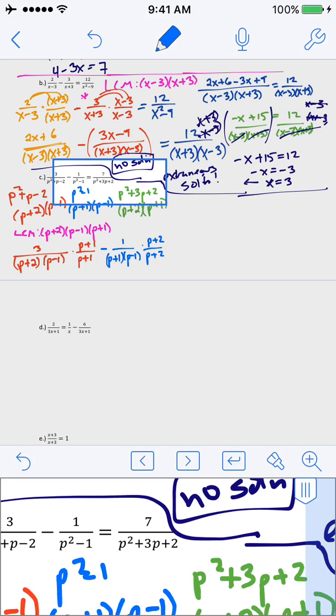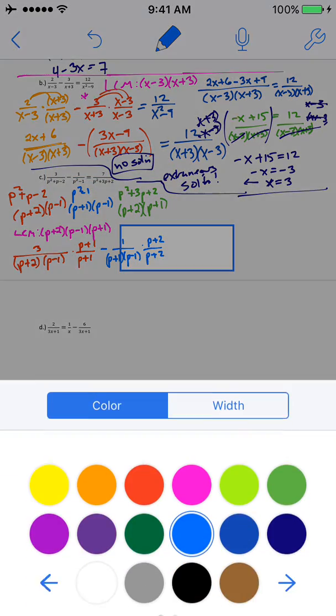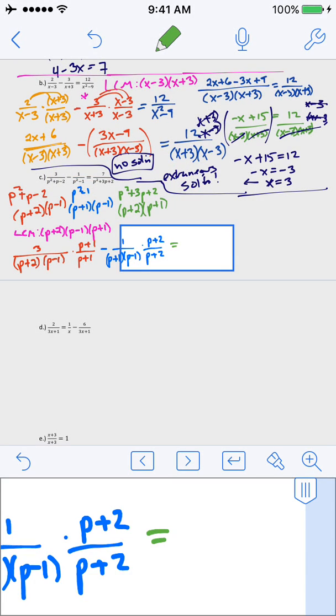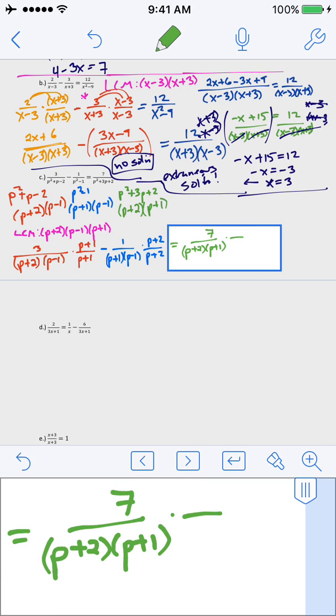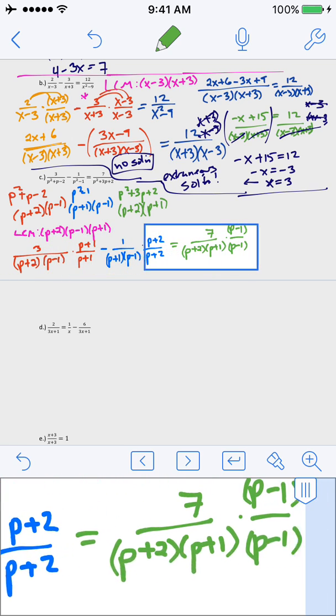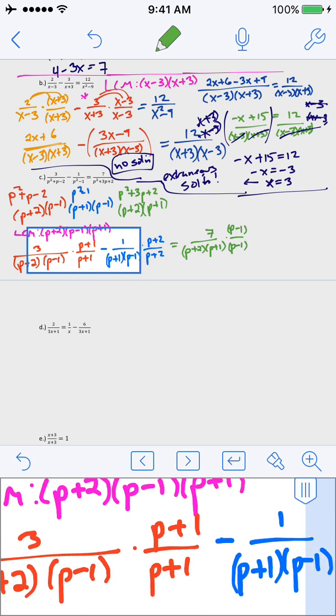And that is equal to 7 over p plus 2, p plus 1. What's missing would be the p minus 1 over p minus 1. Okie dokie. So lots to do there.